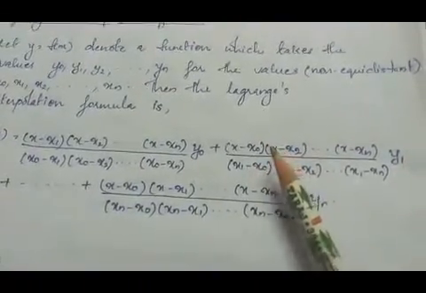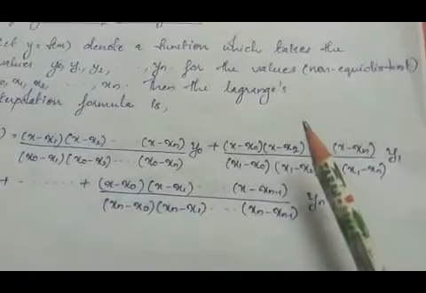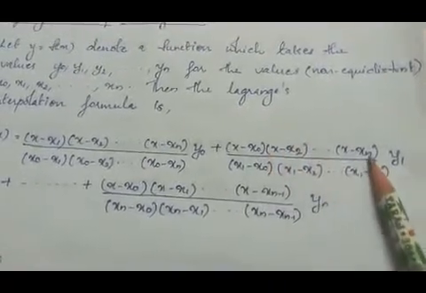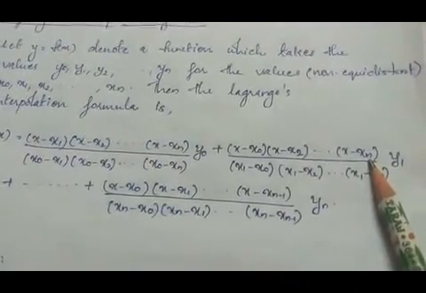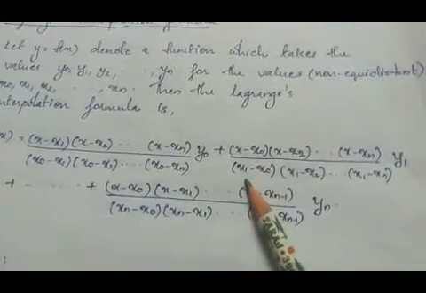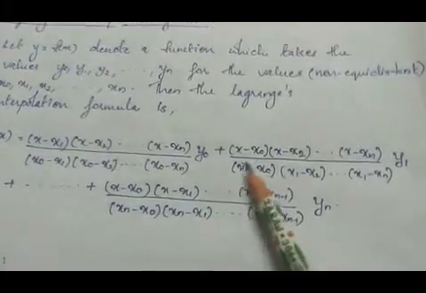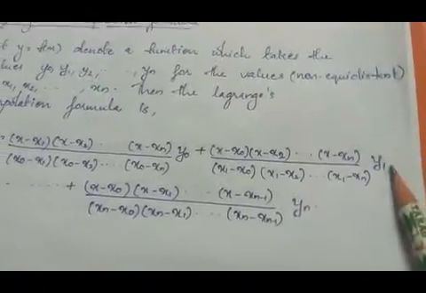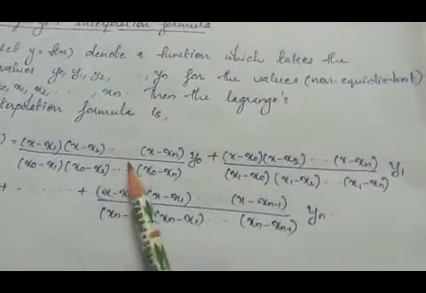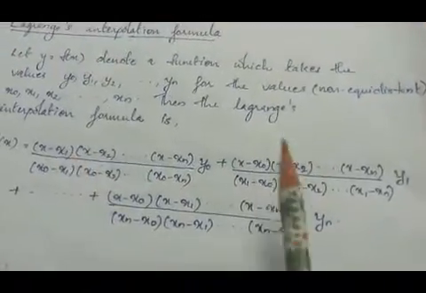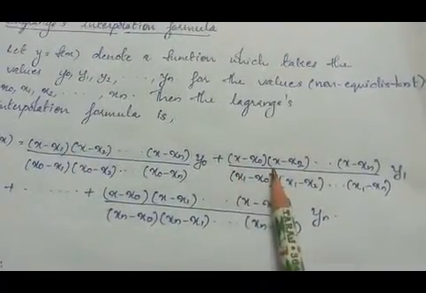So in the second term x minus x1 is avoided and all the other terms are included. Okay, and in the denominator x is replaced by x1 and the rest is written as such and multiplied by y1. That means in the first term x minus x0 is avoided. In the second term x minus x1 is avoided.